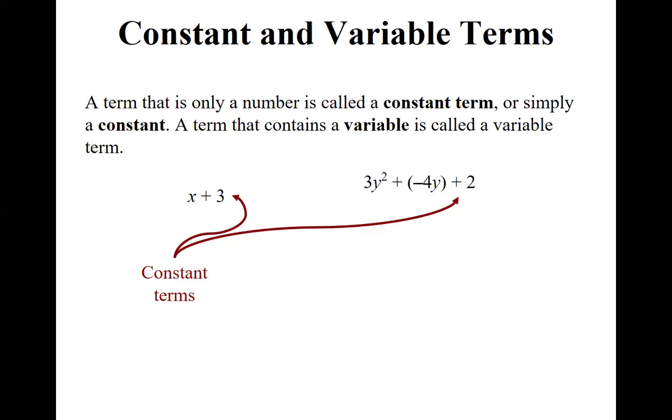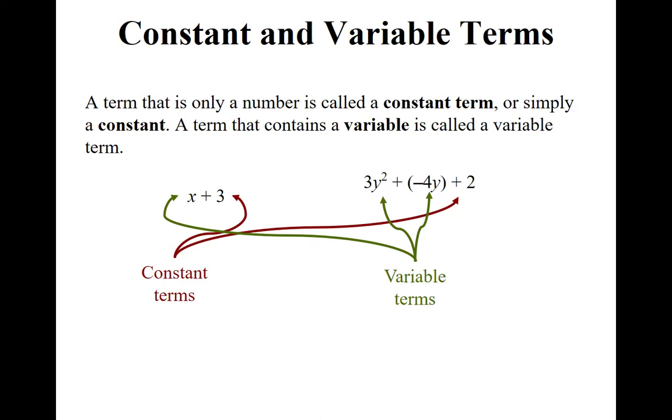The sign in front goes with it. So that is a plus 3 from the left. That is a plus 2 from the right. The variable terms would be x, 3y squared, and negative 4y, the terms that have variables in them.